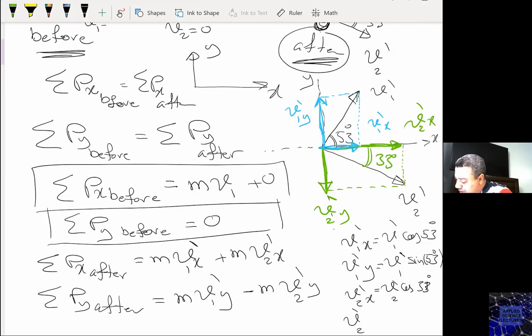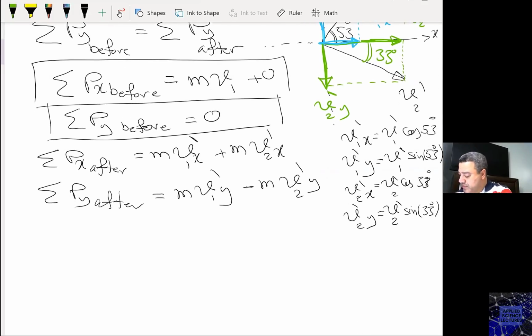V2 prime y is V2 prime sine 33. Once I have those ready, what's the cosine 53?